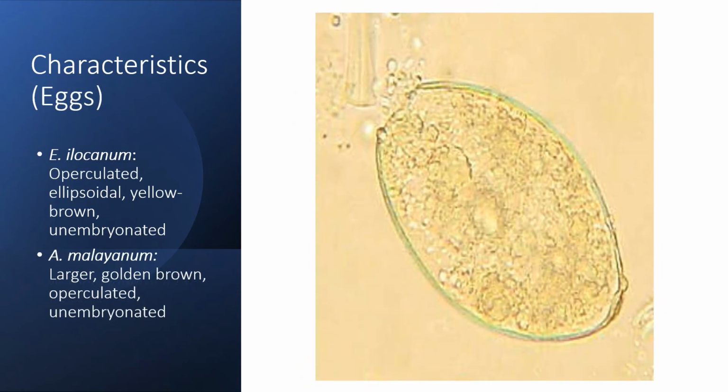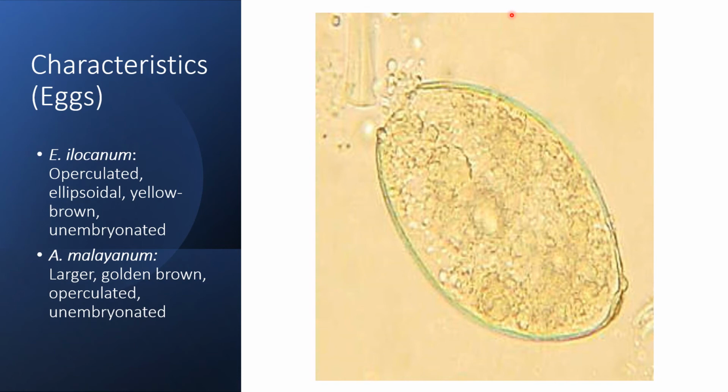For the eggs of the two, E. elocanum eggs are operculated, ellipsoidal, yellow-brown, and unembryonated. Your A. malayanum egg is larger compared to E. elocanum and has a golden brown color.